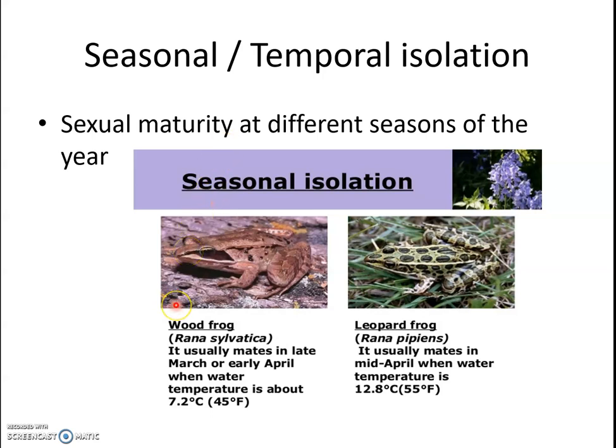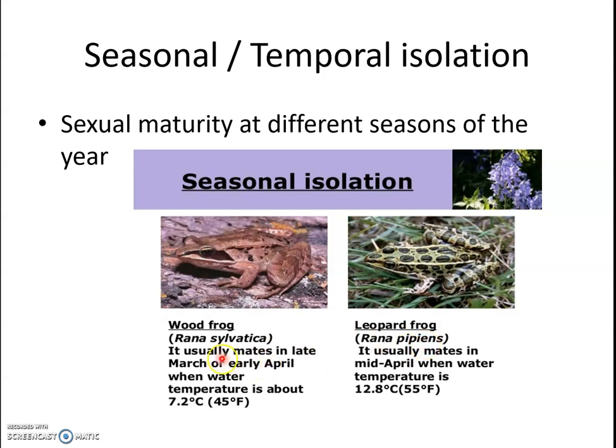Three species of frogs are there: Rana clamitans, Rana pipiens, and Rana sylvatica. Okay, three species are there.